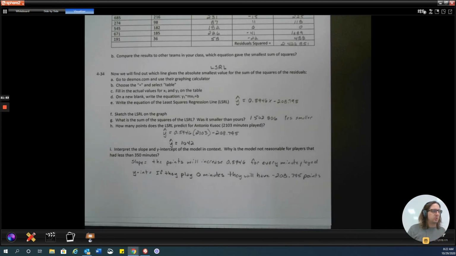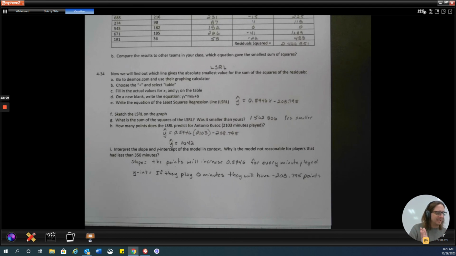And this happens quite a bit when we're doing a least squares regression line. The farther away you get from the middle of the data, the less your prediction, the less your model will make sense.